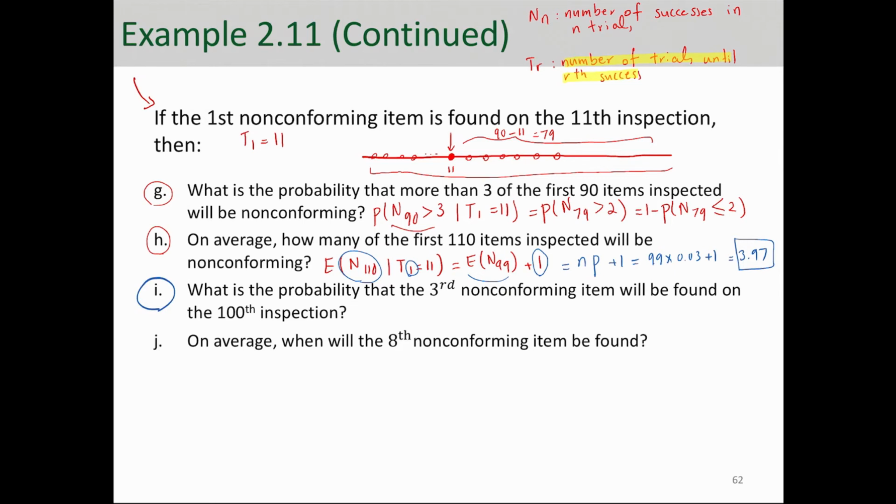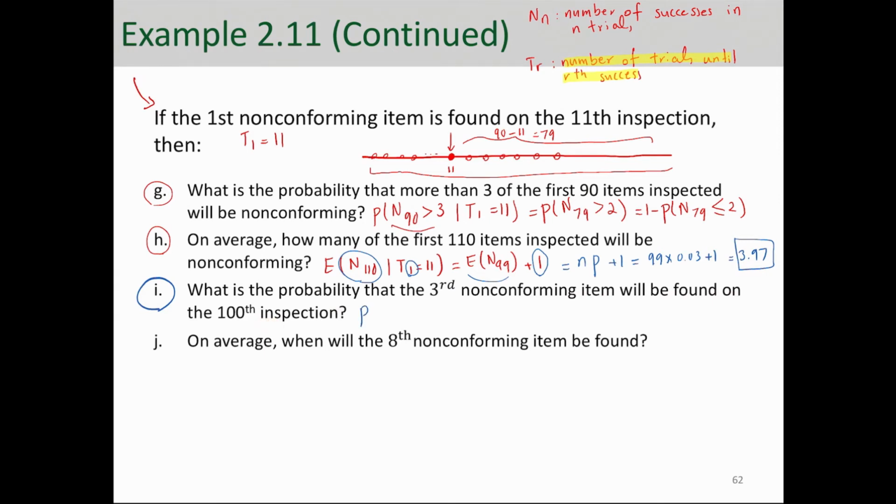Moving to part I, what is the probability that the third non-conforming item will be found on the 100th inspection? Here you see that it's the number of trials until the rth success. Third is very specific. Negative binomial is very specific. The third non-conforming item will be found on the 100th inspection.